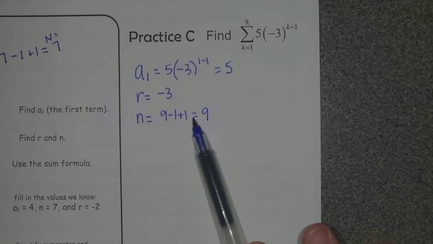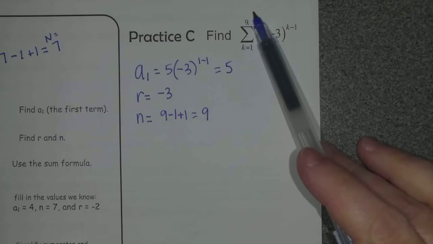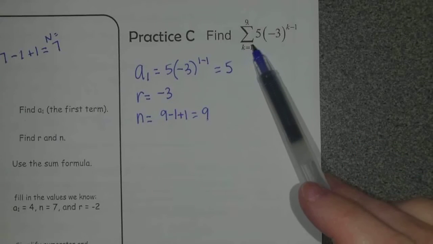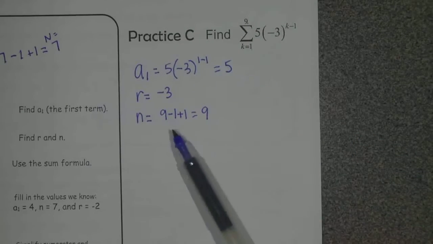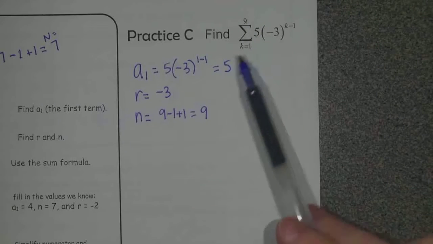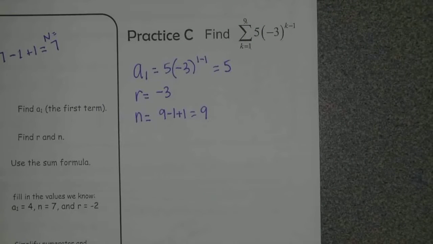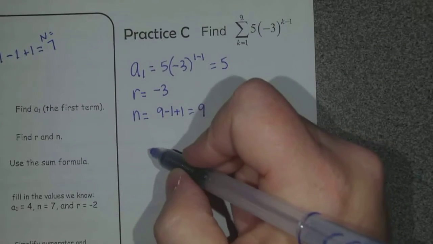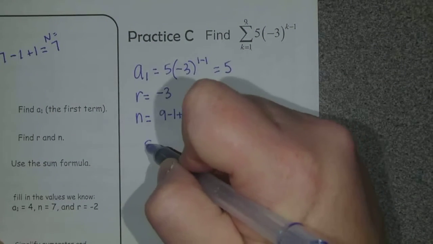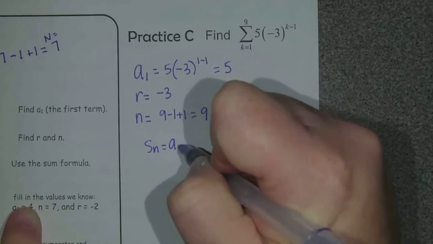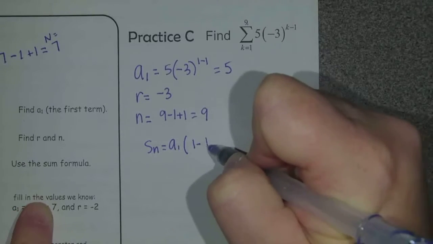Again, the reason for the formula is because what if this was 300 up here and this was 129? It's just so that you take into account all of those terms.